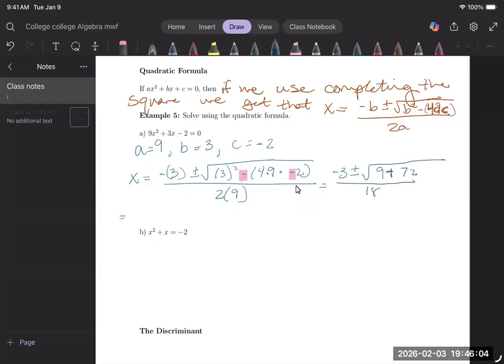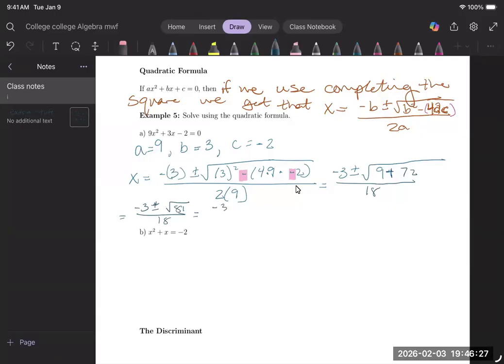So then we just keep going. I should have written smaller. Okay, 9 plus 72 is, oh, what do you know? 81 over 18, right?